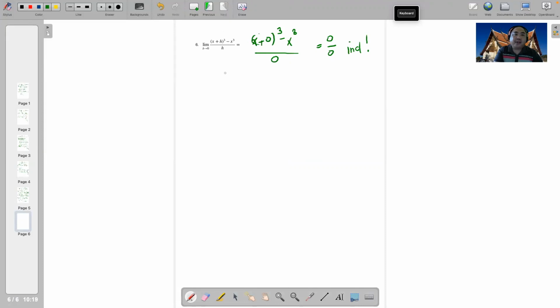How do we find that? Okay, first I'd like you to recall the difference of two cubes. a cubed minus b cubed is equal to a minus b times a squared plus ab plus b squared.